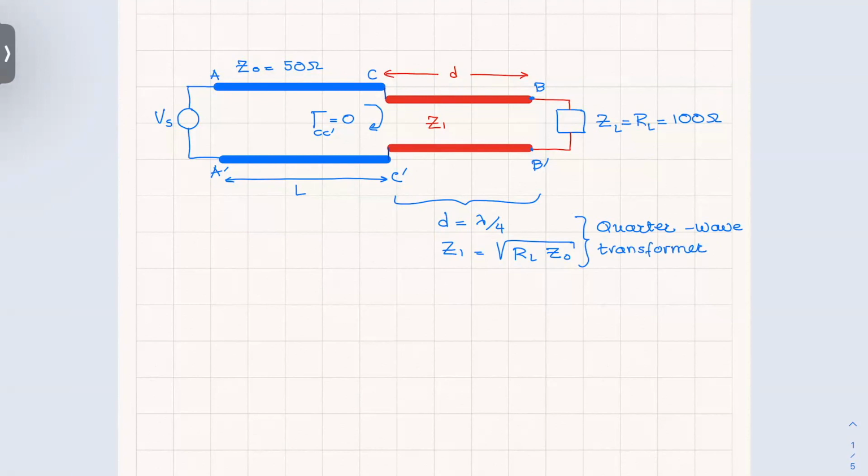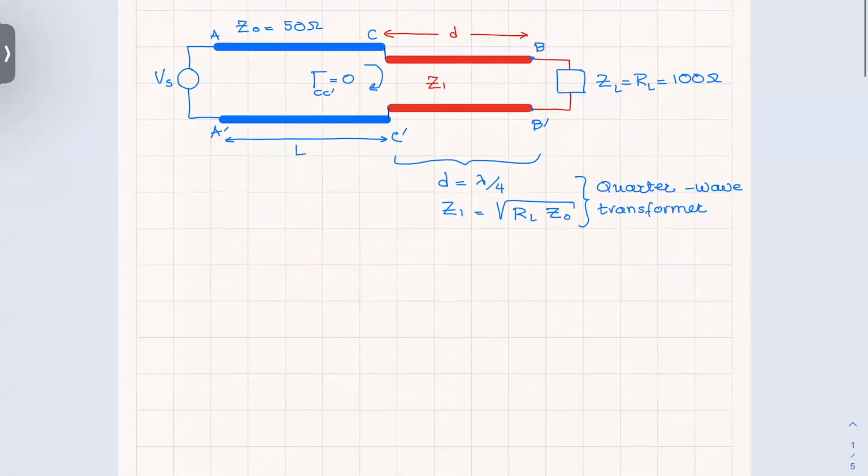Okay, now I'm gonna prove it, all right? So let's assume we did not know these relations, and I wanted to find out both D and Z1. So how am I gonna do that?